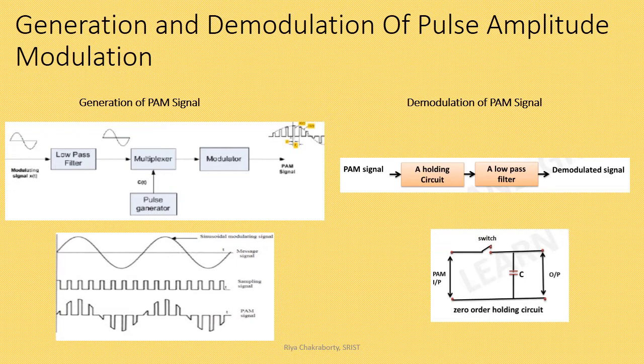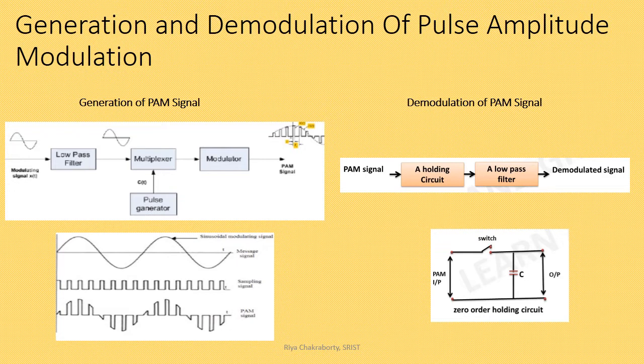In pulse modulation methods, the carrier is no longer a continuous signal but consists of a pulse train. There are two types of pulse modulation systems: number 1, pulse amplitude modulation, and number 2, pulse time modulation.